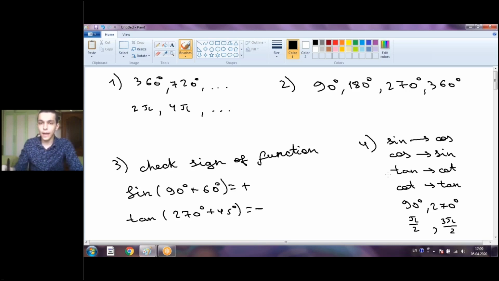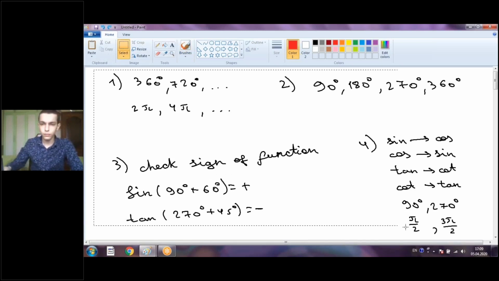So if your reference angle, like here in this case, is 270 degrees, you just write at the final stage, instead of tangent, cotangent. So 180 and 360 degrees don't change your function. So that's all. We have 4 steps. Now let's solve some questions.